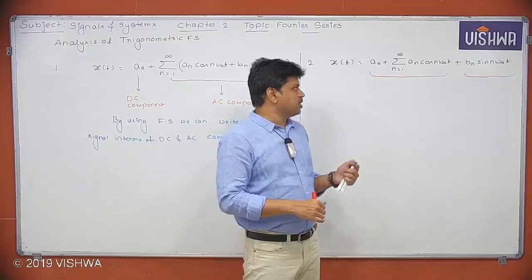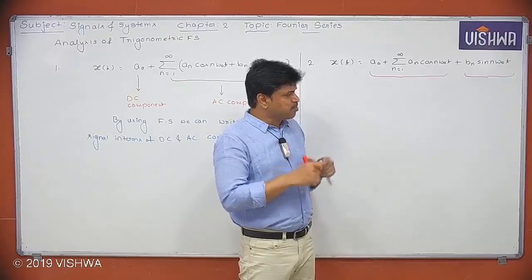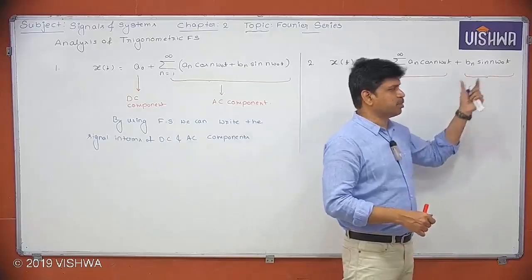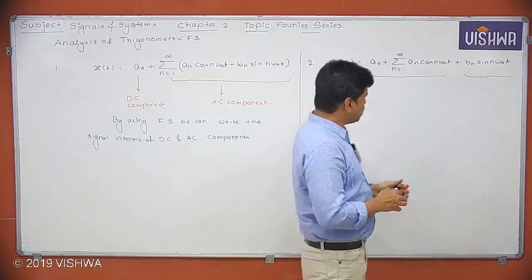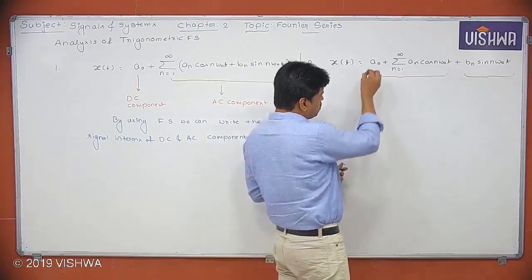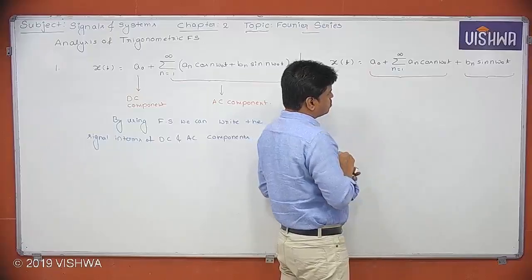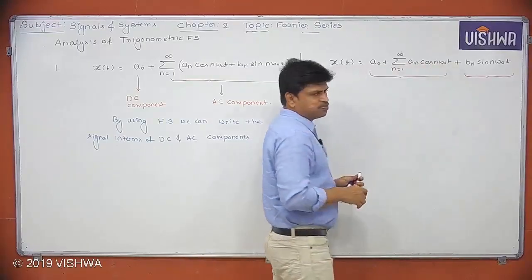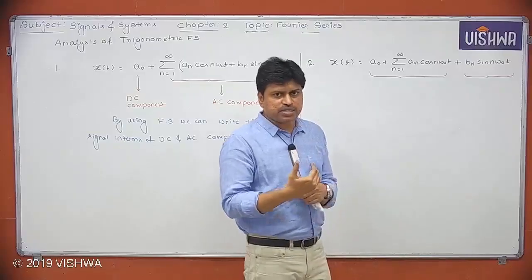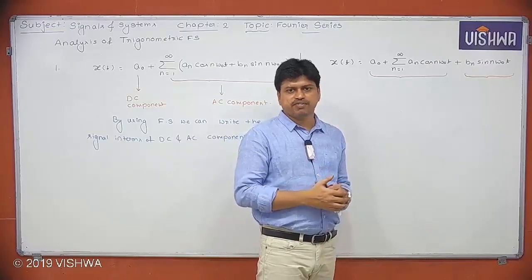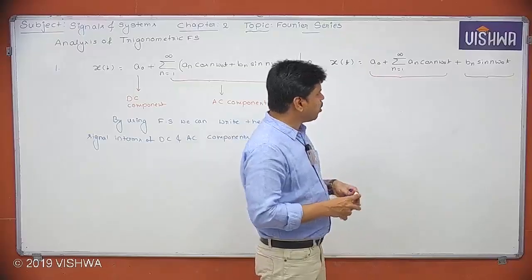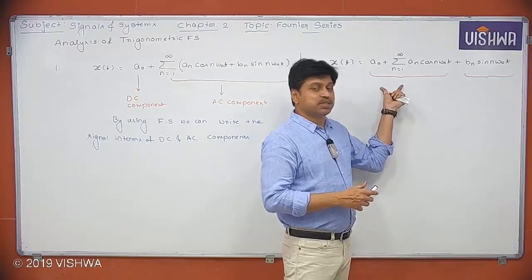Now you tell me, if I divide the expansion in this manner, what does the first part indicate? What does the second part indicate? If you observe carefully, a0 and an cos n omega naught t: if you replace t with minus t, will it make any difference? It won't make any difference. So I can call this part the even part.